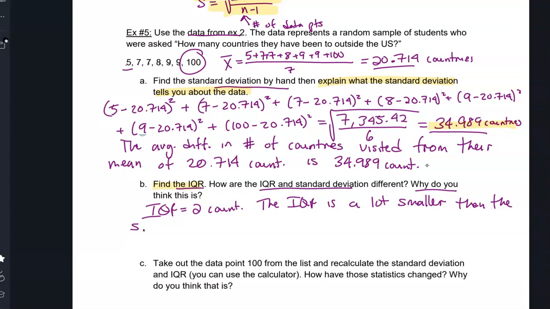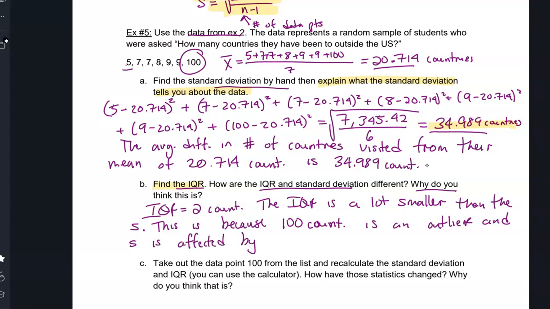Why do we think that is? This is because 100 countries is an outlier and standard deviation is affected by outliers.